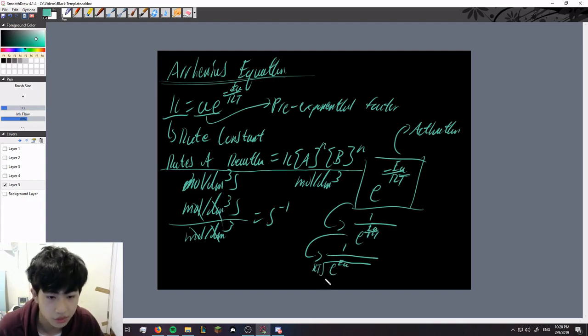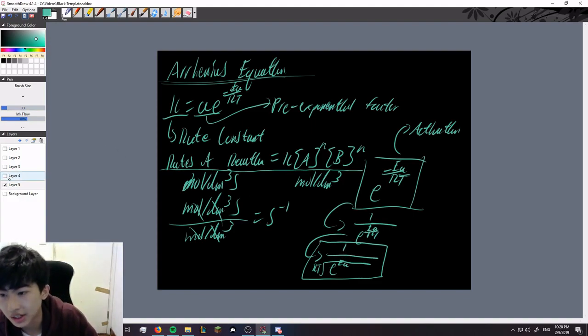And from this, we can visualize a relationship. We can see that as T increases, the exponent gets smaller in general, meaning that this whole chunk will give us a larger number, meaning that our rates of reaction will be higher.